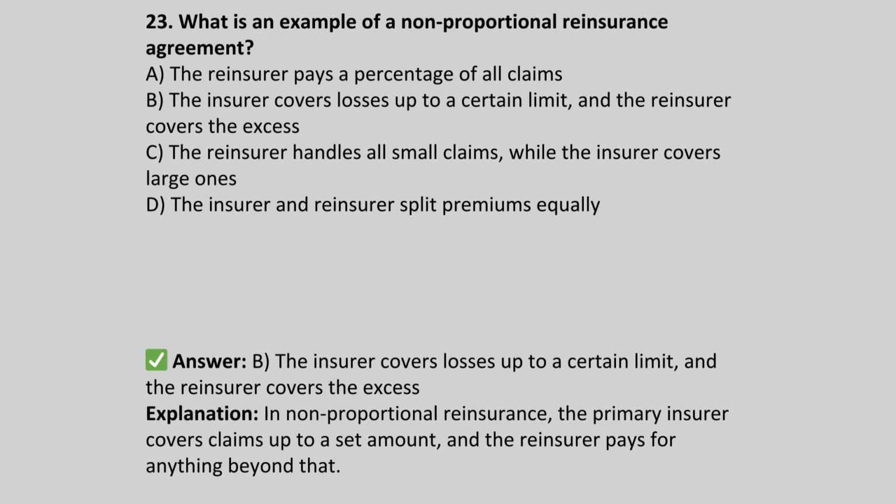D. The insurer and reinsurer split premiums equally. Answer: B. The insurer covers losses up to a certain limit, and the reinsurer covers the excess. Explanation: In non-proportional reinsurance, the primary insurer covers claims up to a set amount, and the reinsurer pays for anything beyond that.